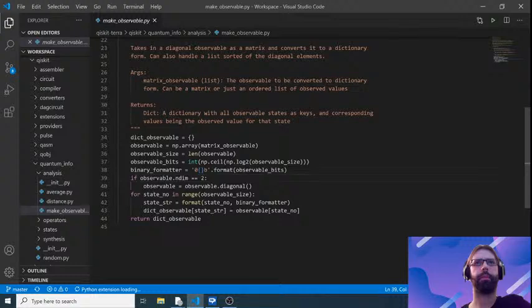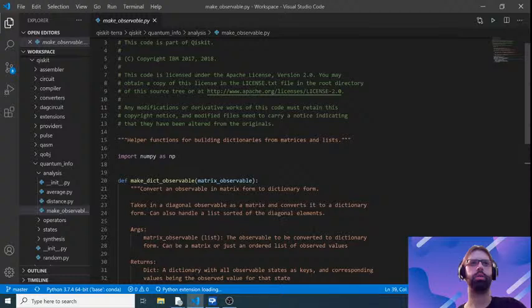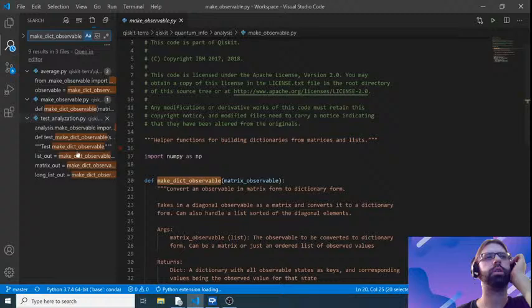What is the input though? Observables to be converted to dictionary form. Search basically in terms of what is being used anywhere else, or is it just a helper function for building dictionaries for matrices and lists? Okay, yeah, it's used in average, because that's what I was thinking.